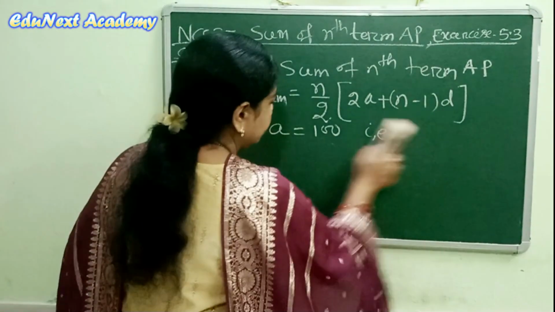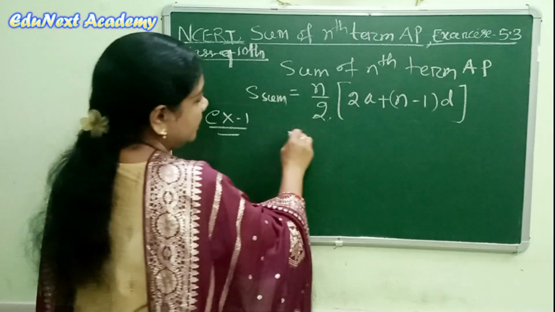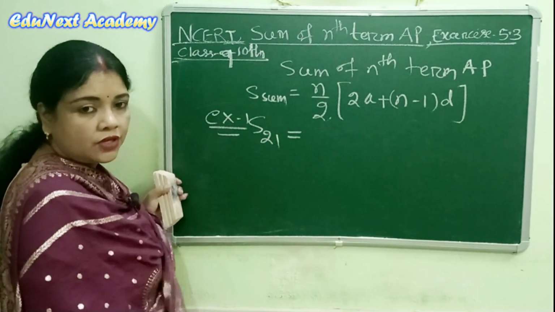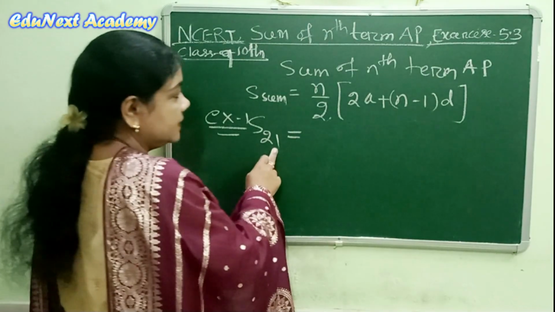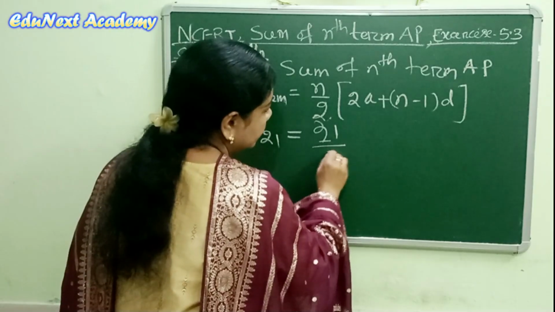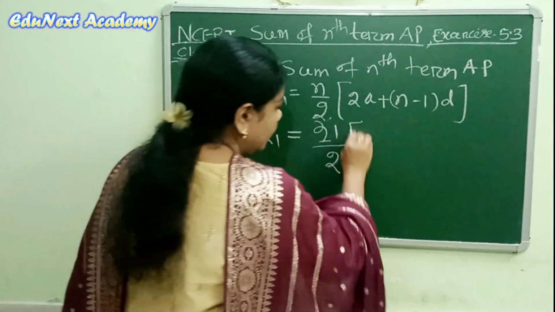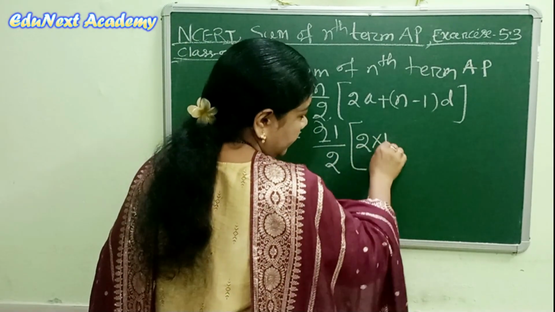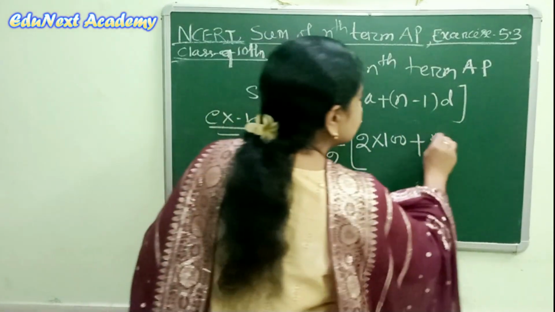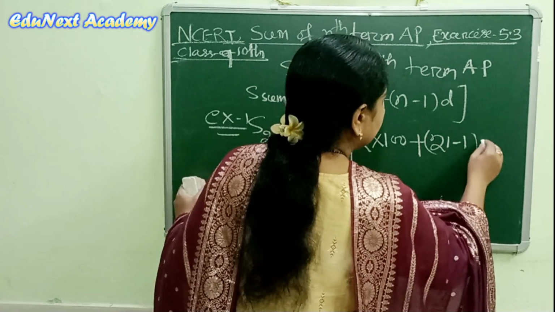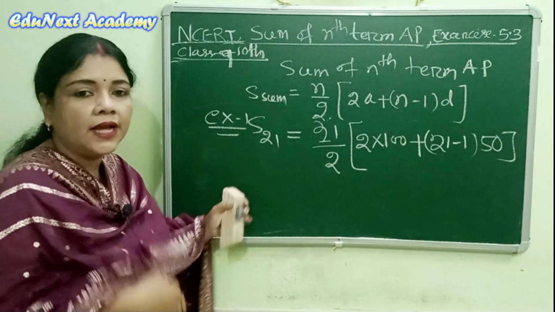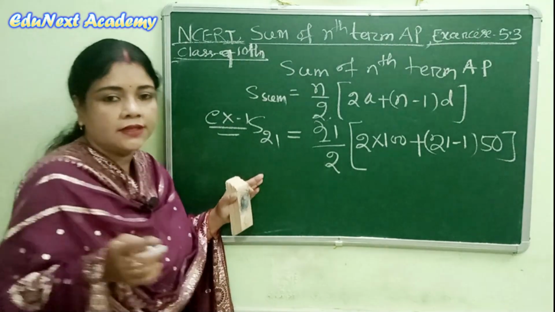So let's see here. S21, we have to find the sum of 21 terms. S21 is equal to 21 by 2 into 2 into 100 plus, here n is 21, so 21 minus 1 into d is 50. Now we have to simply solve this problem.